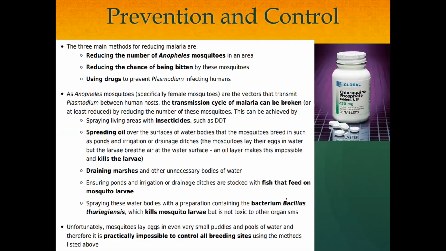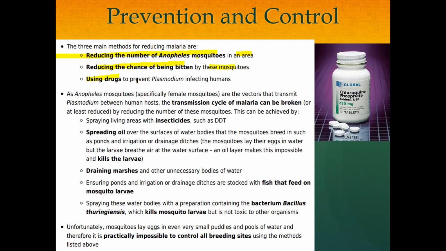All right, then let's talk about how this disease can be prevented. There are three main methods through which the spread of malaria can be prevented. The first one is reducing the number of Anopheles mosquitoes in an area. That's self-explanatory: you kill the mosquitoes, you spray them with DDT, so you actually destroy the population. Then, reducing the chance of being bitten by these mosquitoes, so you can use repellents, and also drugs.